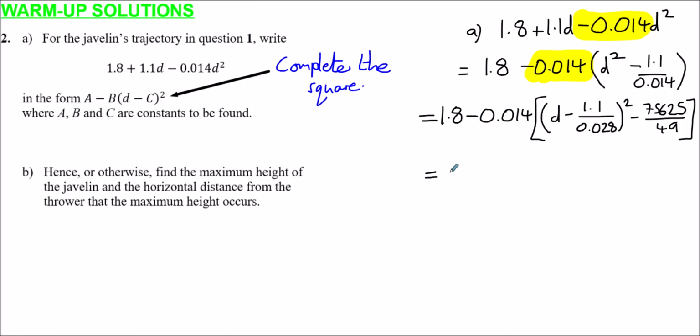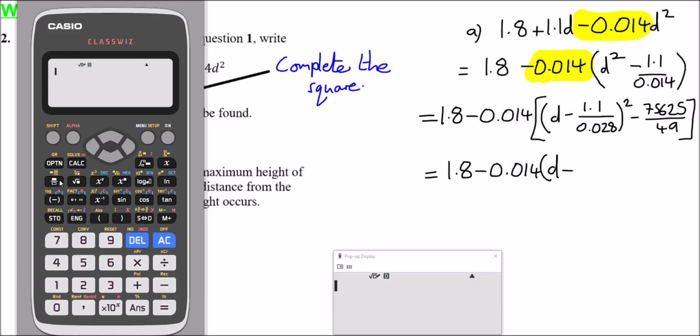So I've got 1.8 minus 0.014 d minus 1.1 divided by 0.028. I'll see if that can be written in exact form, in fact, as a better fraction. Yeah, I'll write it as 275 over 7.